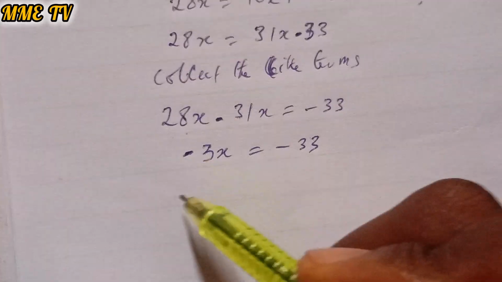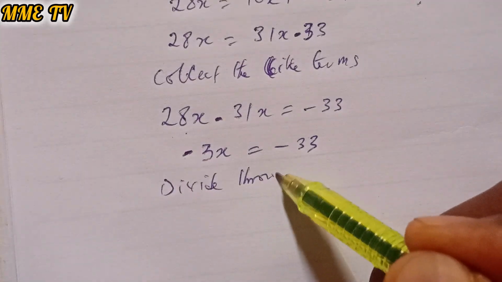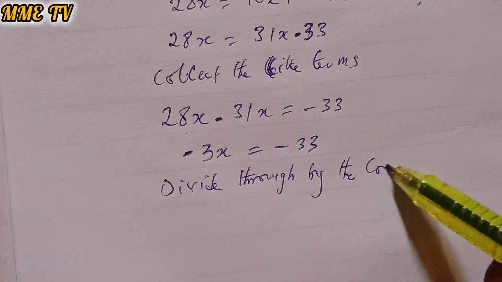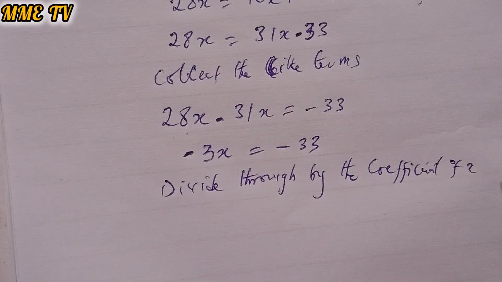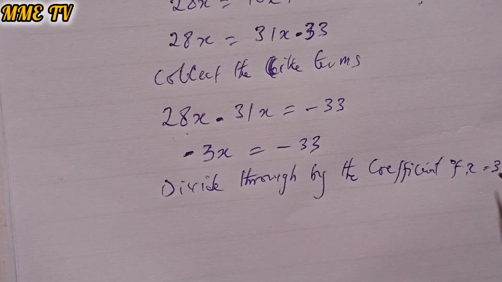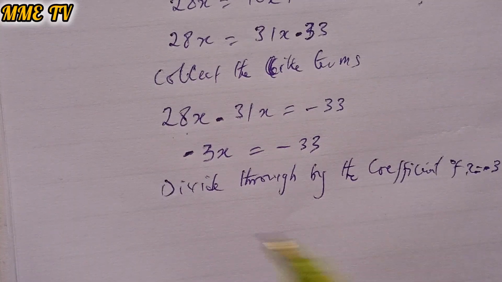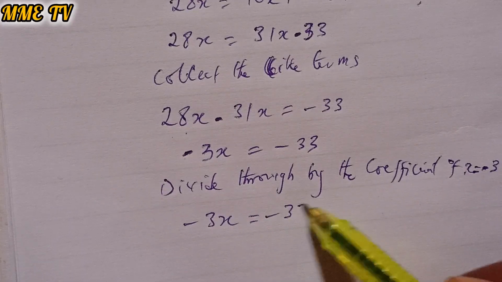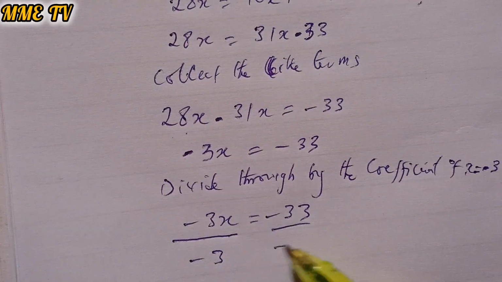I can simply say divide through by the coefficient of x. And remember that the coefficient of x is not 3, sorry, it is minus 3. All right? So minus 3x is equal to minus 33. So you divide both sides by minus 3 and minus 3.